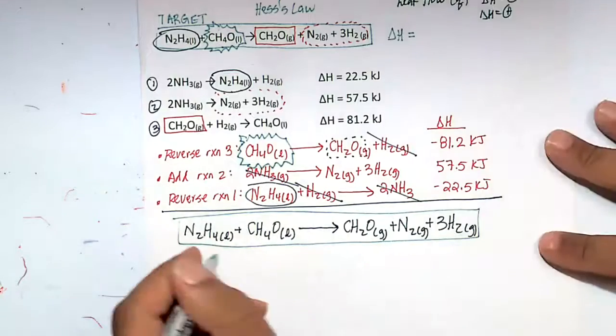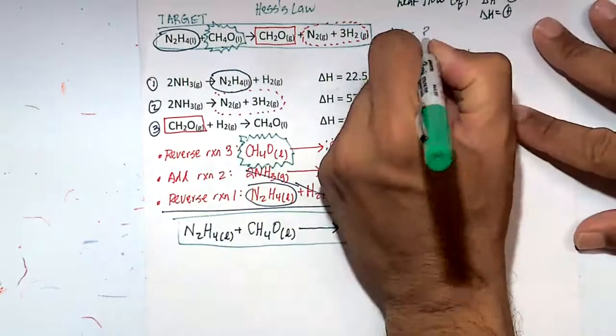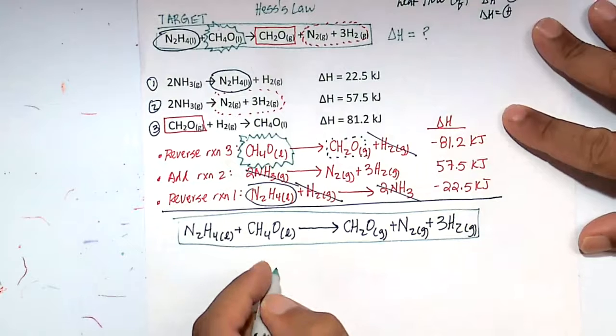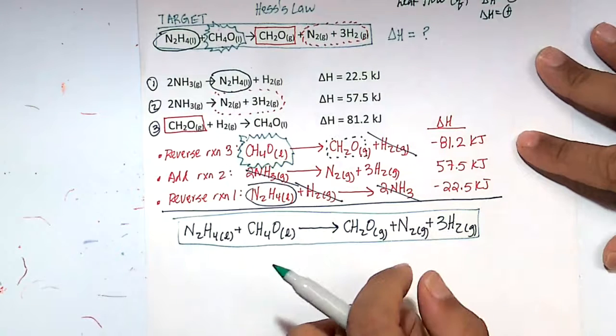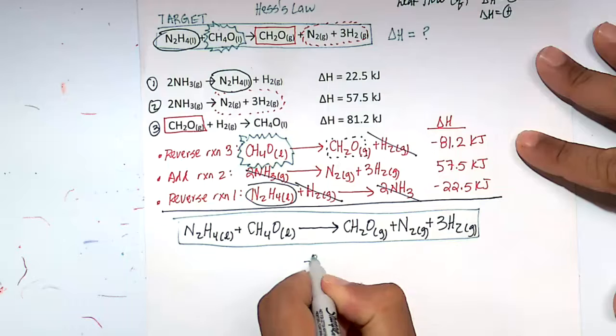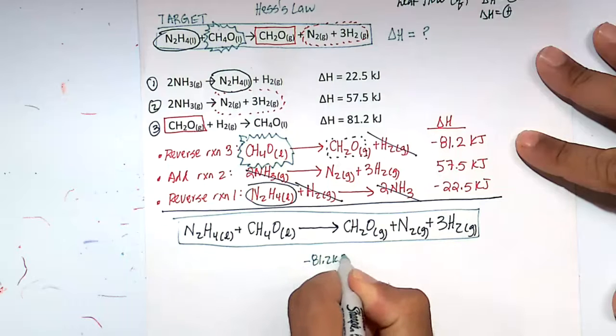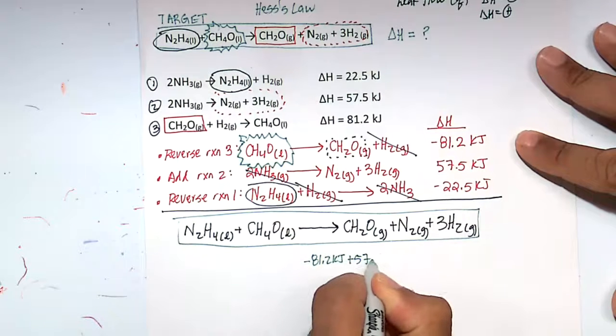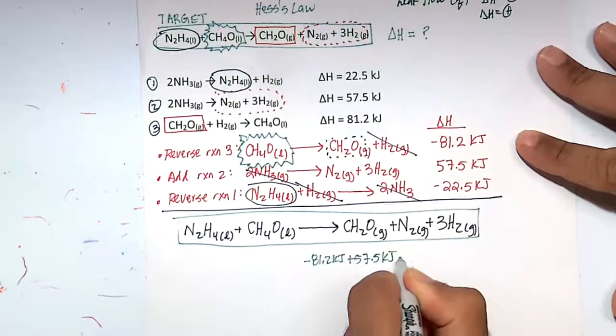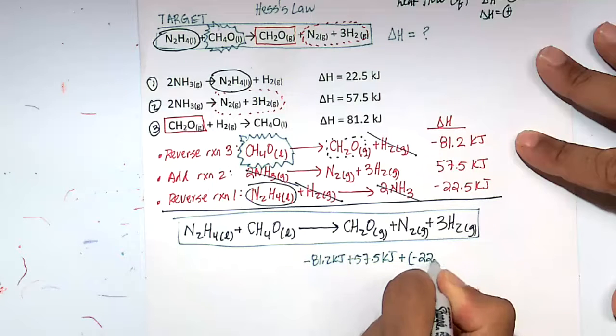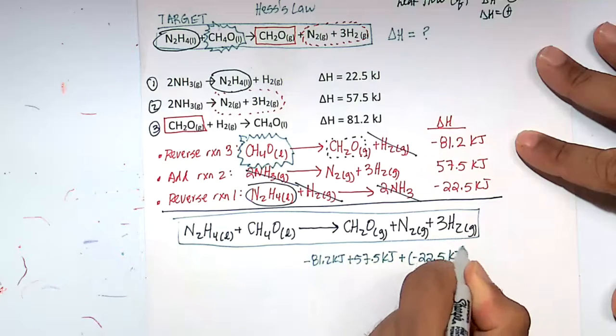And what is our delta H? That's what we want to find. Our delta H, we just add all of these enthalpies up. So it's going to be minus 81.2 kilojoules plus 57.5 kilojoules plus a minus 22.5 kilojoules.